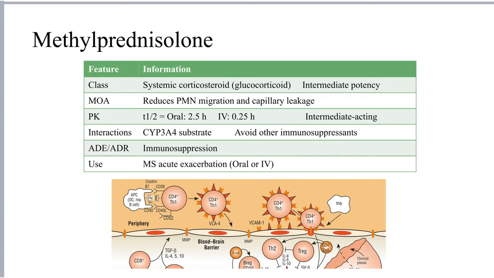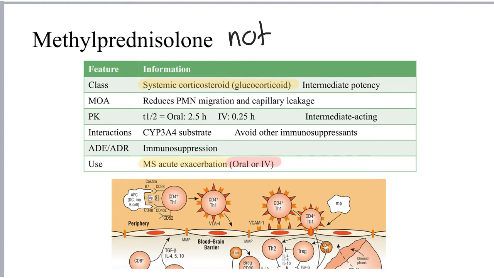Methylprednisolone is indicated for MS acute exacerbations only. Methylprednisolone is a systemic corticosteroid. It is a glucocorticoid specifically, and can be administered via either oral or IV administration during an MS acute exacerbation. Methylprednisolone is not considered a DMT and has no effect on the underlying disease progression.